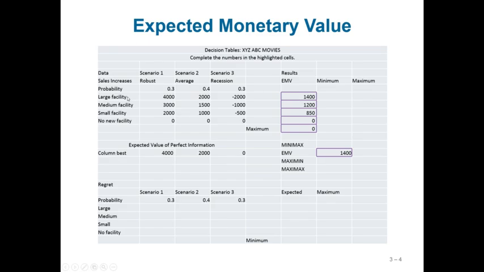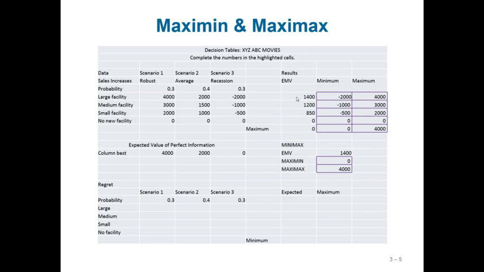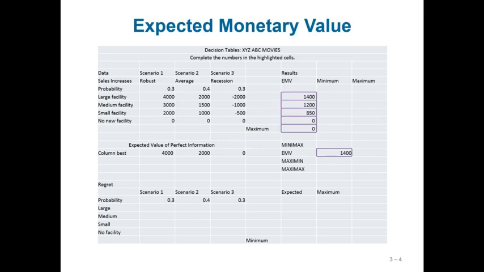So large facility is 1,400, medium 1,200, small 850, and no new is zeros all the way across, because again, 0 times anything is 0, no matter how many times you sum it up. So when you look at the summed values here, it comes up that 1,400.